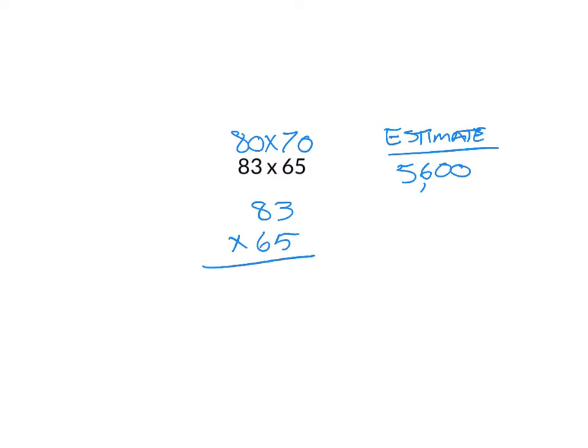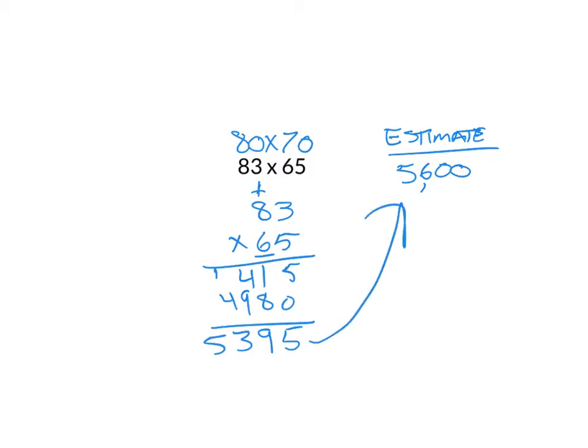Now, again, I use the old school method, so I'm going to go 5 times 3 is 15. So it's 40, add 1 is 41. Then I go to the 10th spot, and I go 18. This is 48, add 1 is 49. And I get 5,395. Is 5,395 close to 5,600? It absolutely is. So we know my estimate worked.